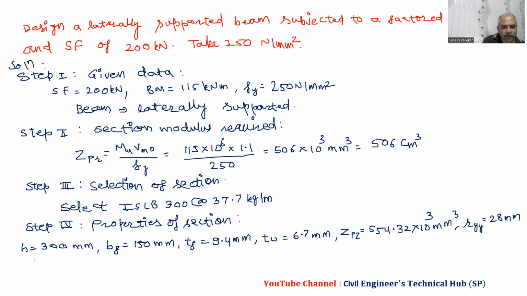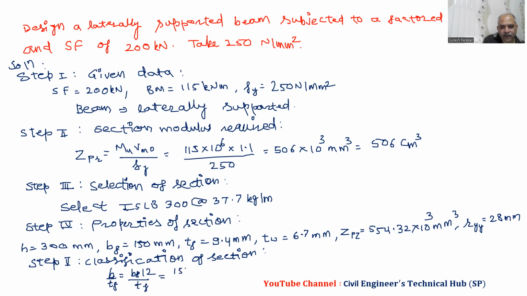Now we have step 5, classification of section. In this classification, we have B upon TF. B upon TF is equal to BF by 2 upon TF.